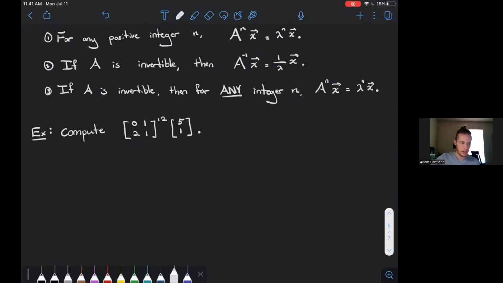So let's go this time instead and compute some eigenvalues and eigenvectors, just so that we can hope to apply the previous theorem.